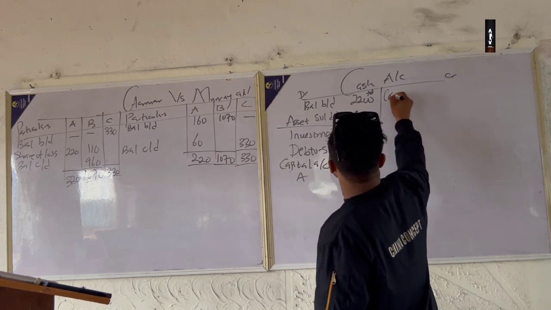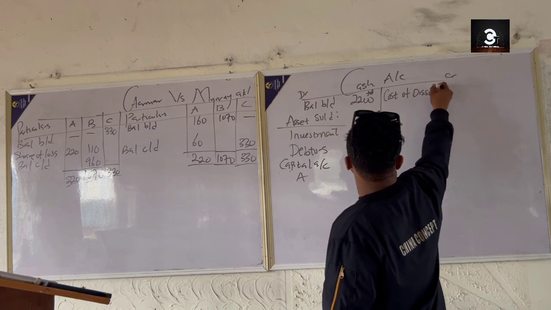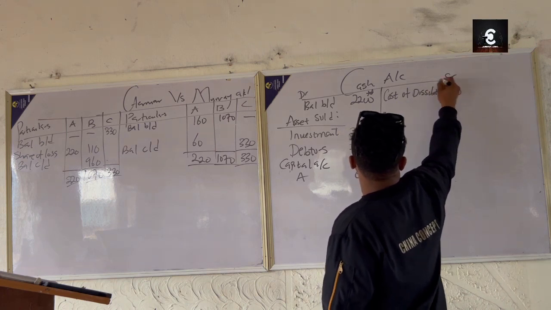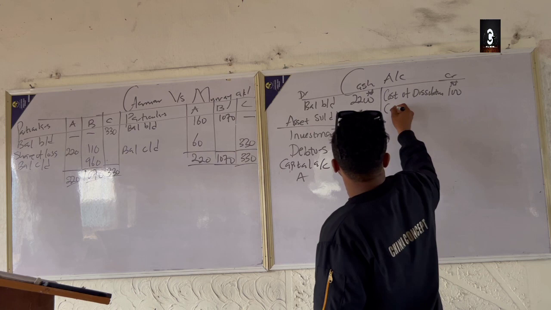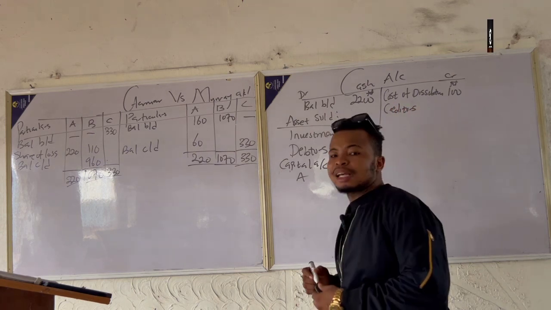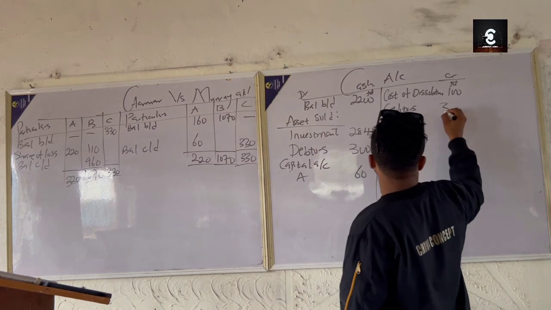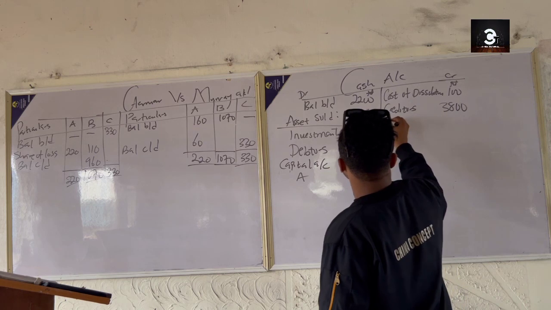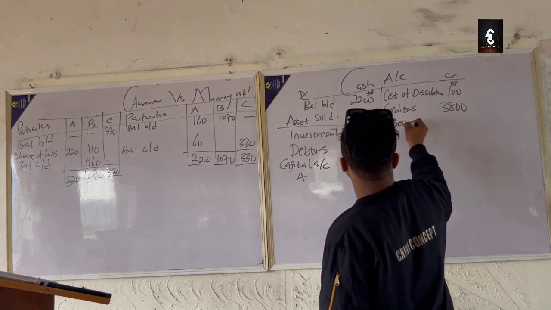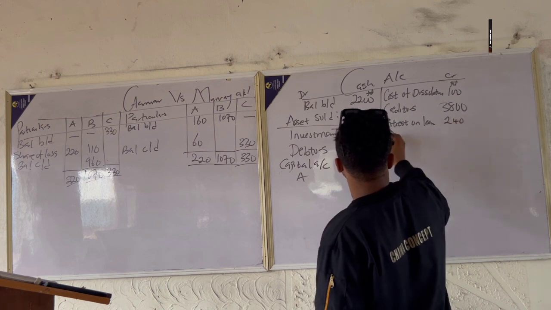The next thing is cost of dissolution, which is 100 naira. Creditors paid: we were owing creditors 4,000. They gave us a discount of 400. It simply means we paid 3,800. Interest on loan 240.